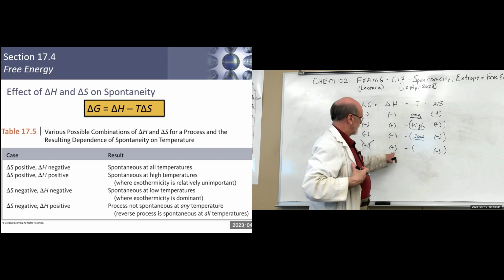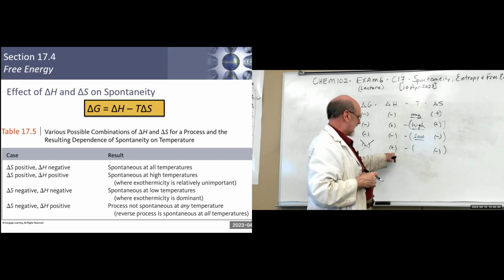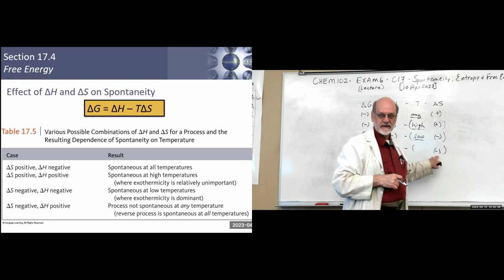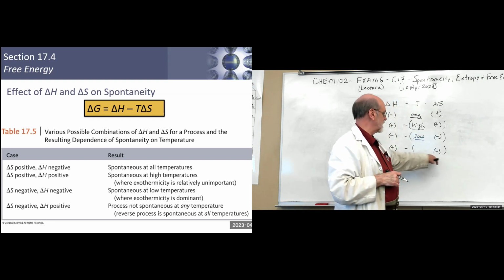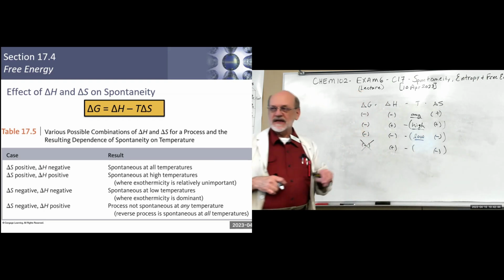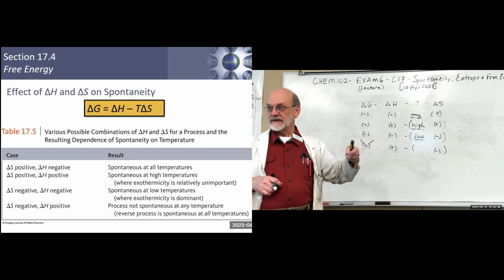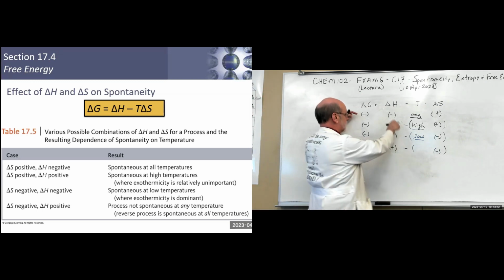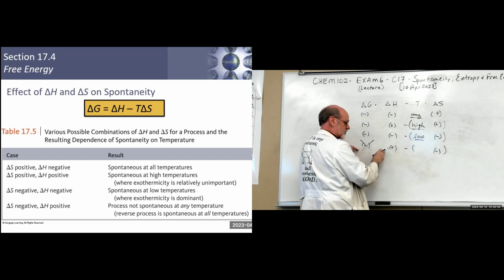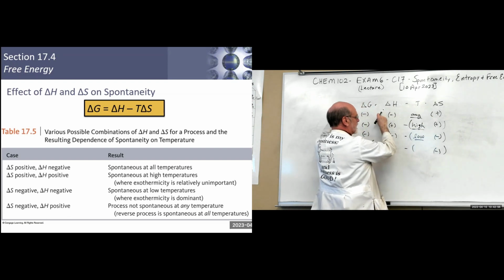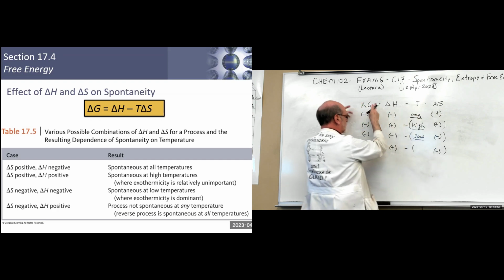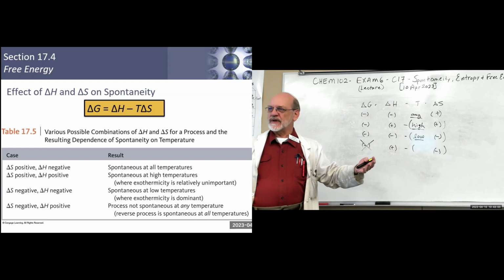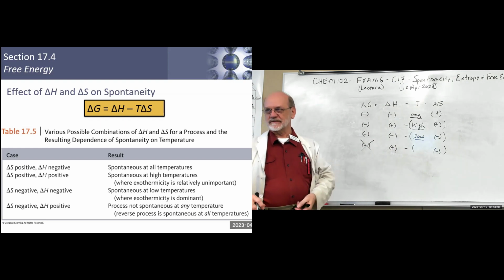So if you've got an endothermic process where the entropy of the system is negative, it will never be spontaneous in the forward direction. Now in the reverse direction, yes, it would be this one. If you reverse the reaction, then it comes to this place. And now you get positive, negative, and it's always spontaneous. So a never spontaneous process would be always spontaneous in the reverse direction.